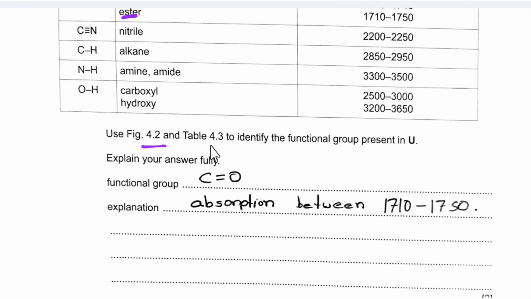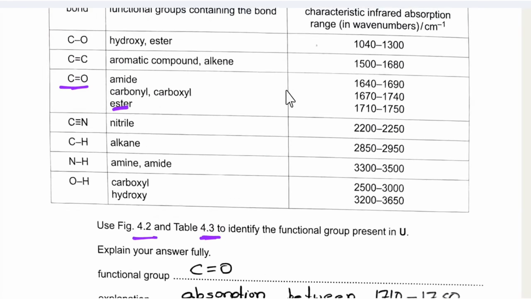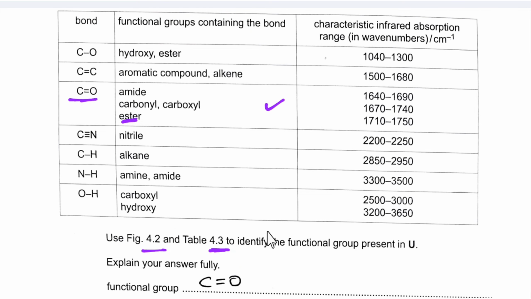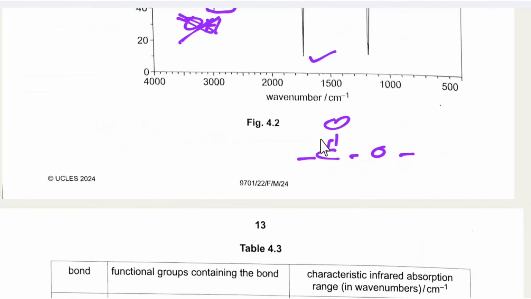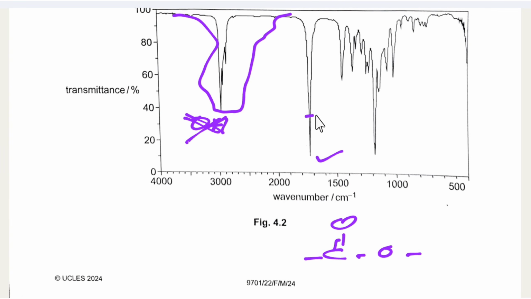Use figure 4.2 and table 4.3, that is the above figure and this table, to identify the functional group in U. For the functional group in U, we can see that the only peak present is the C=O peak.